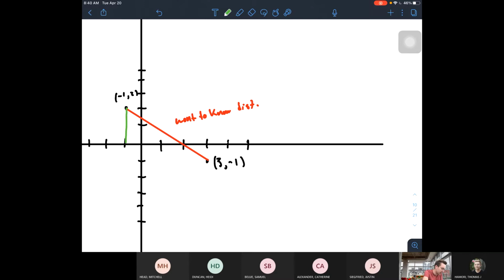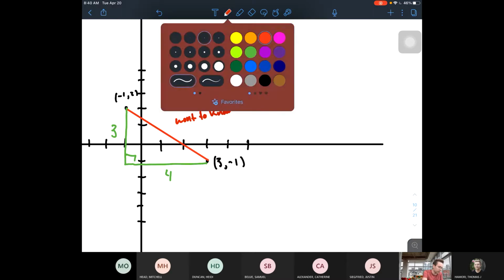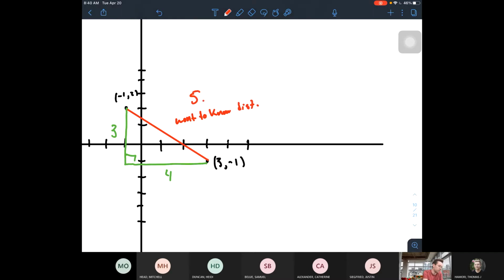Well, I know to go from 2 to -1 in terms of my y values, I know that this distance should be 3. And I know that the distance which goes from -1 to 3 in terms of the x values should be 4, just by counting the tick marks, right? And then if I have a 3 and a 4 and I have a right triangle, well, this has to be a 3, 4, 5 triangle, right? It's a Pythagorean triple.